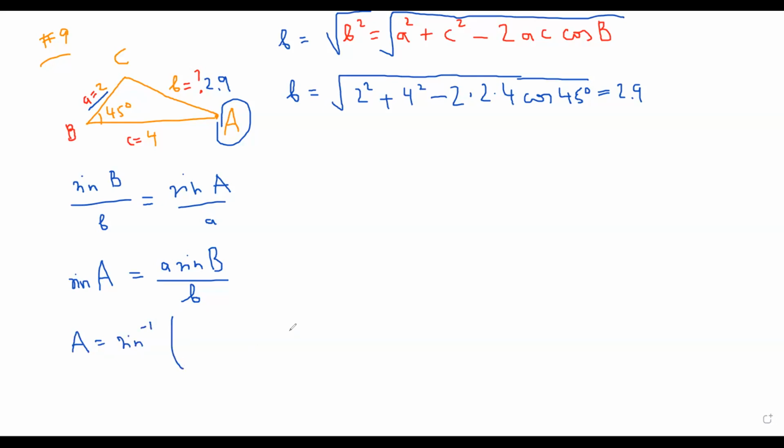So I'm going to plug in what I have so far. It's side a, 2, and then sine of angle B is sine of 45, right? And then we divide this by length b, which is what we just found, 2.9.